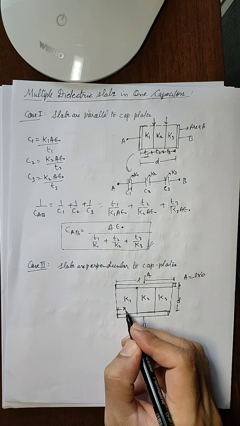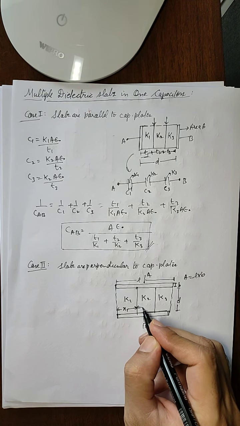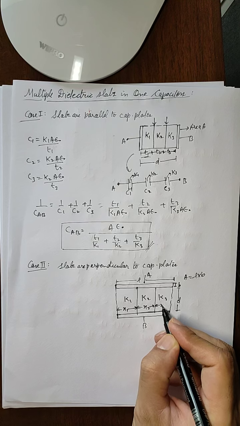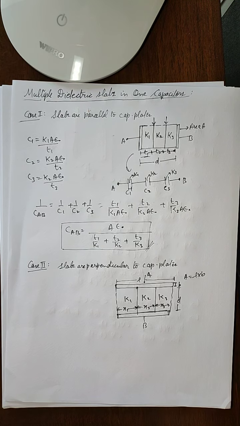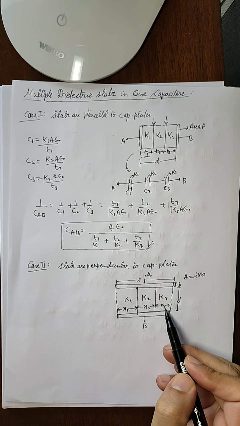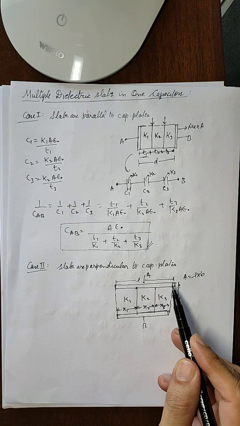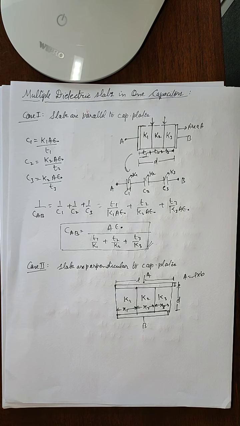So the thickness of each dielectric slab will be x1, x2 and x3 respectively. So x1 plus x2 plus x3 will be equal to L. So L is divided into three parts, x1, x2, x3.